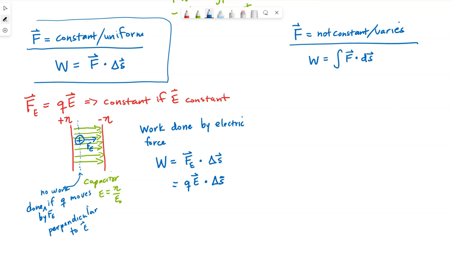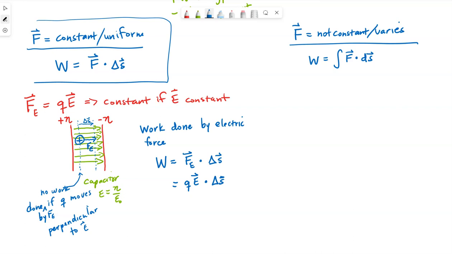What this tells me is the electric force will do work as long as this charge is moving in some direction, either with the field or opposite the field. With the way I've drawn it, it doesn't have much room to move to the left, but it certainly could move to the right.